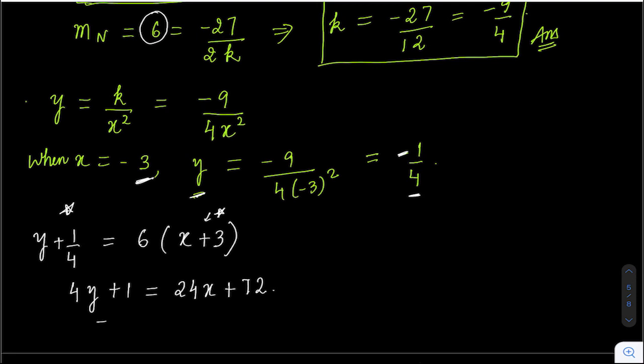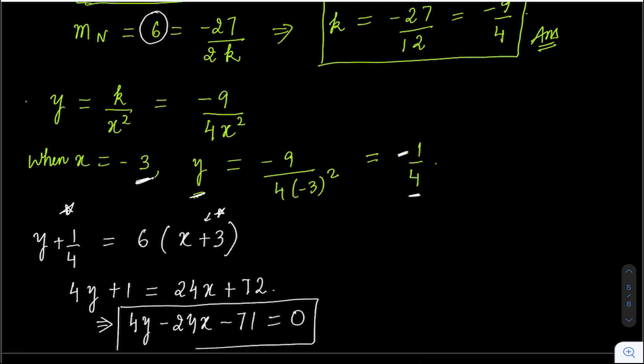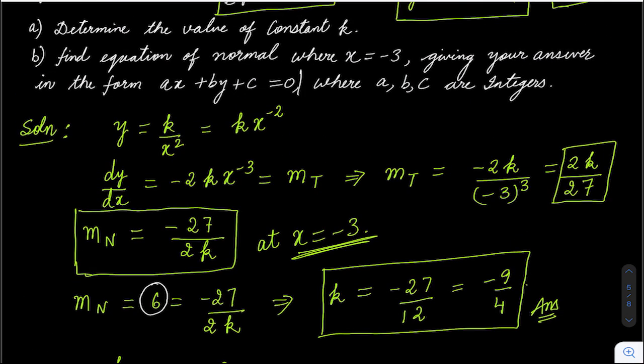And now bring everything on one side, whichever you like, either left side or right side. So let's bring everything on left side. So I am getting 4y minus 24x minus 71 equals 0. This is my answer, because we need one side to be 0, because we need ax plus by plus c.